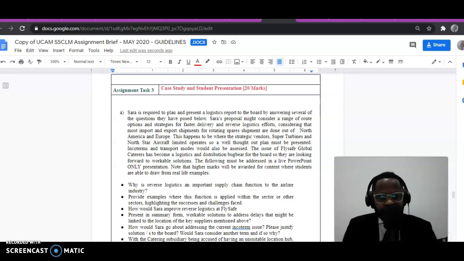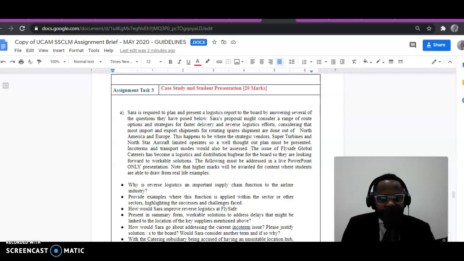Task 3, assignment task 3, case study and presentation, 20 marks. Sarah is required to plan and present a logistics report to the board by answering several of the questions they have posed below.